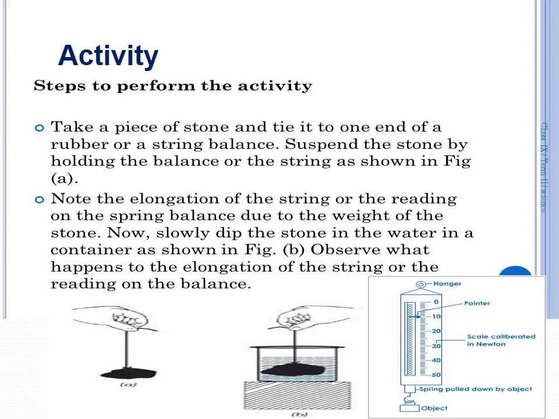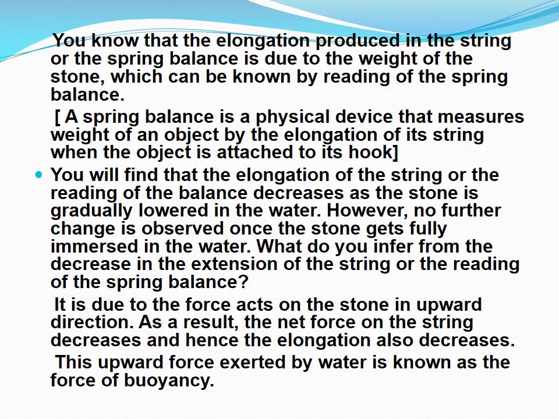Now, slowly dip the stone in the water in a container as shown in the figure. Observe what happens to the elongation of the string or the reading on the balance. You know that the elongation produced in the string or the string balance is due to the weight of the stone, which can be known by the reading of the string balance.